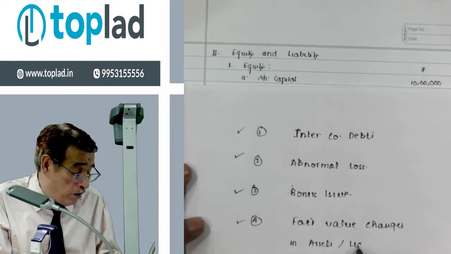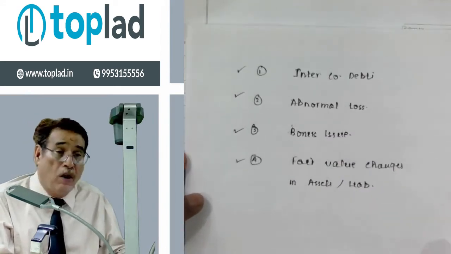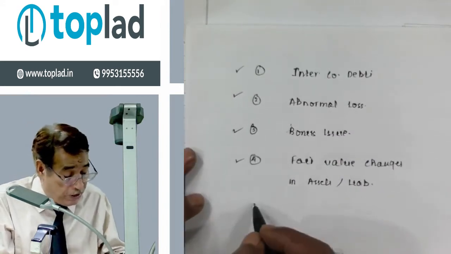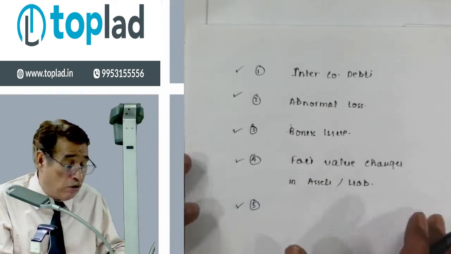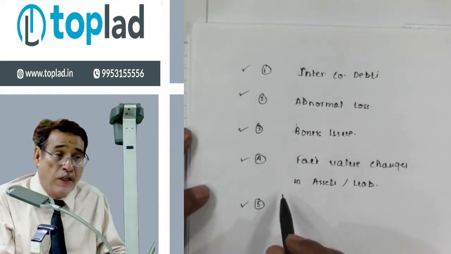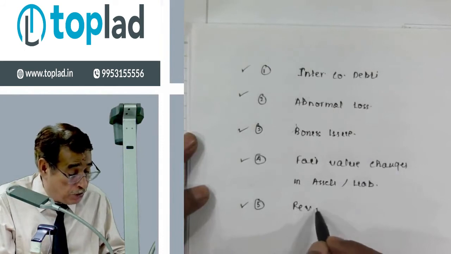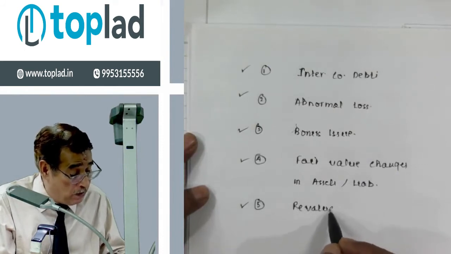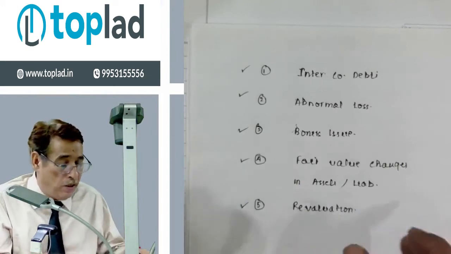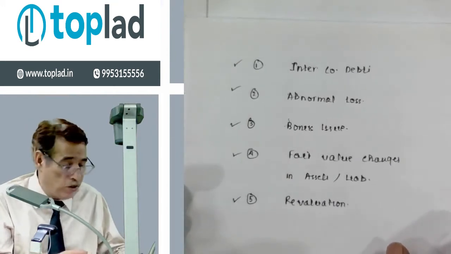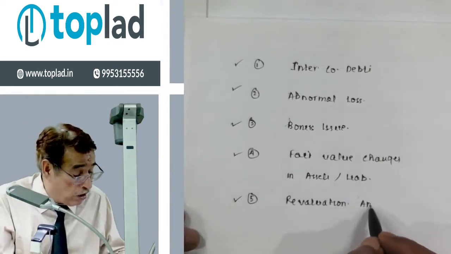Sometimes it may be given that the fair value of so and so asset or liability of the subsidiary company is so and so. So how to deal with that? These are the issues we may have to face when preparing consolidated financial statements. Besides that, revaluation analysis, and this is quite a tricky one. Sometimes you may be given that on the date of acquisition, the parent revalued so and so item of the subsidiary company at so and so figure. So how to deal with that revaluation analysis?